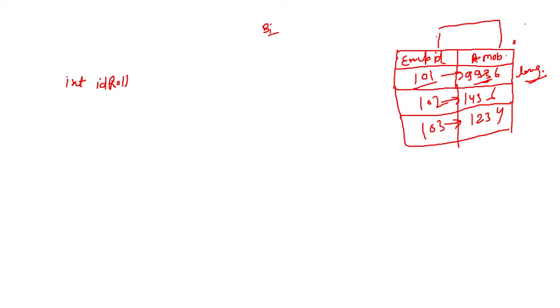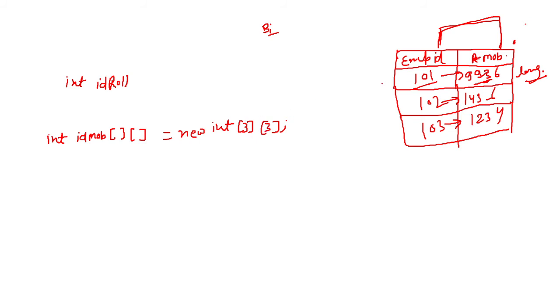So I'll be declaring the array using two values. I will declare here integer id mobile, and these two brackets, is equal to new int. And then suppose I want to store 3, then 3.